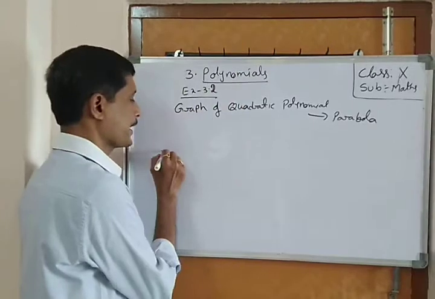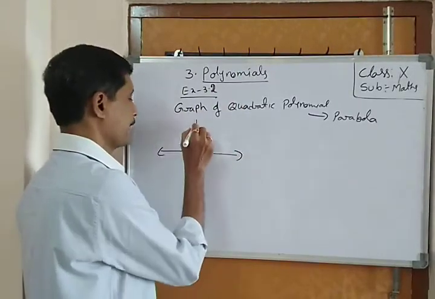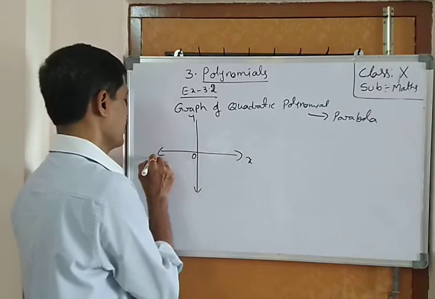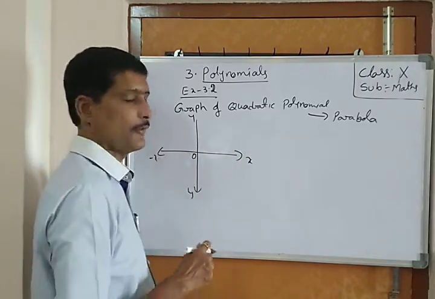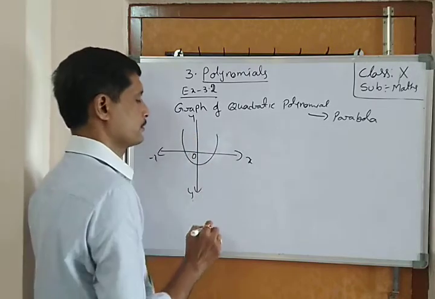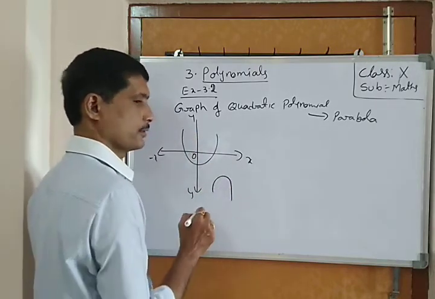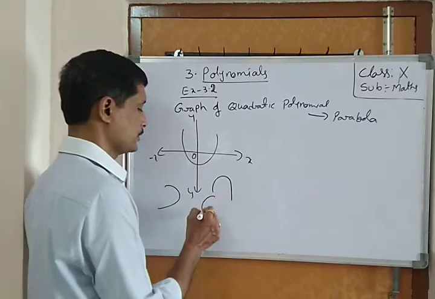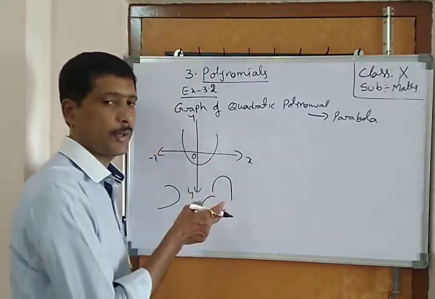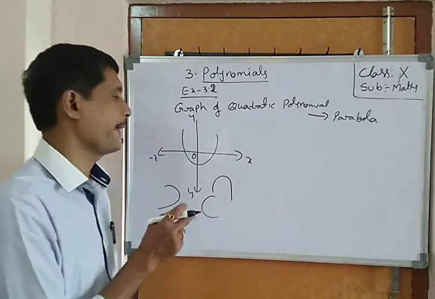Therefore you know horizontal line, that is x axis, vertical line y axis, origin, minus x, y. Therefore the graph is upward or downward. The shape is called upward parabola. This is downward parabola. This is also parabola only.